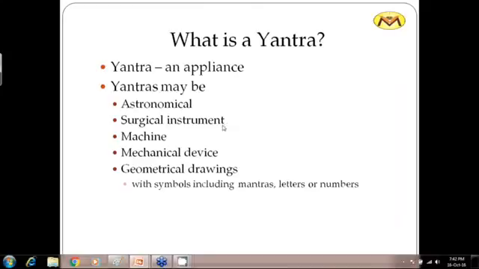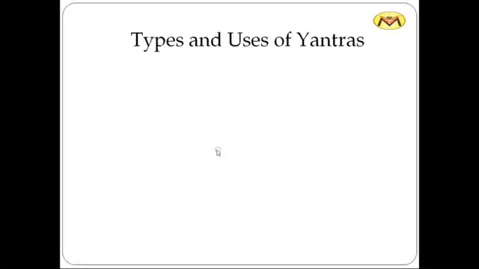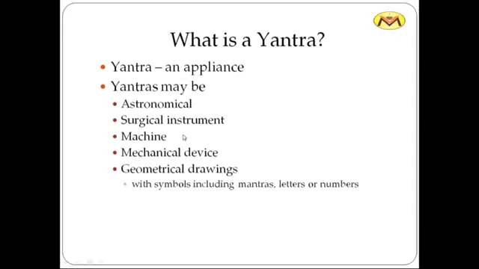Surgical instruments were also called yantras, and machines or mechanical devices. Basically, all these come under yantras. But we are going to look at these geometrical drawings, which include mainly some symbols and some shapes.